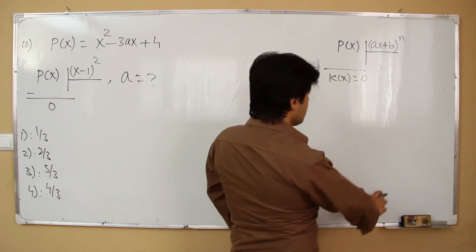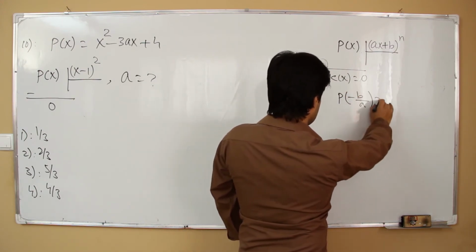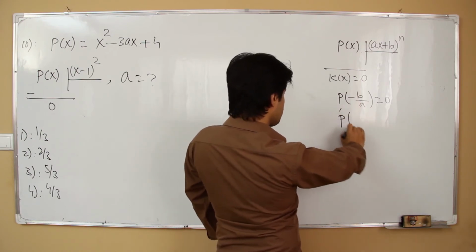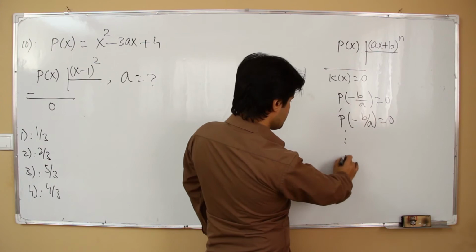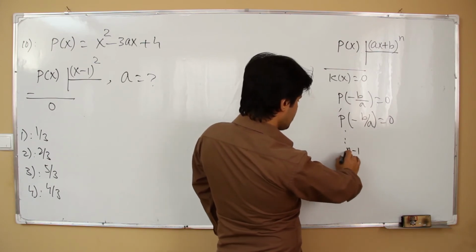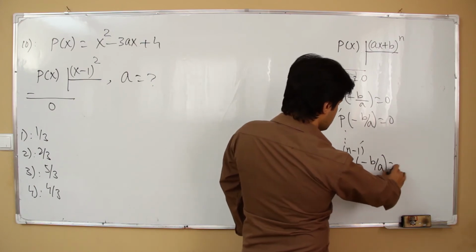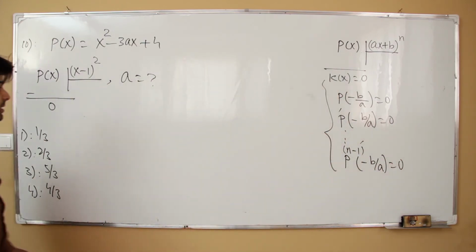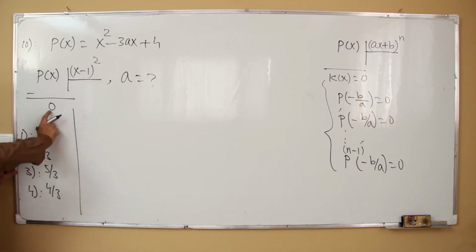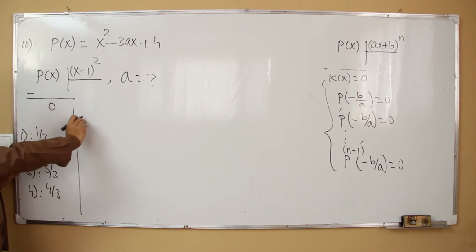Then P(minus b divided by a) is 0, P prime(minus b divided by a) is 0, up to P^(n minus 1) prime(minus b divided by a) is equal to 0. What does it mean? In here, K(x) is 0. So, try to find the zero point of x minus 1.